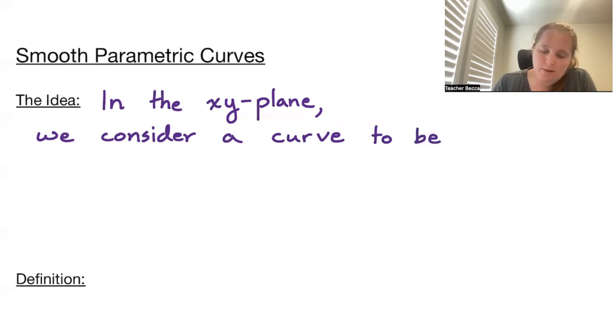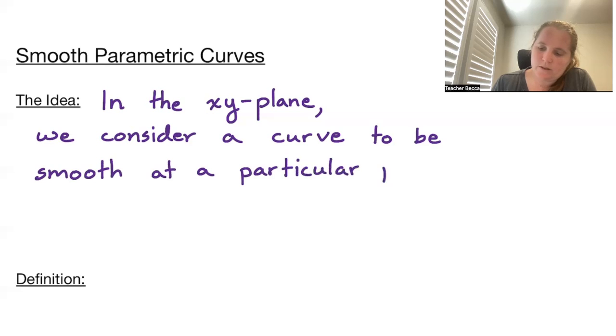So to be smooth at a particular point, it is continuous and has no cusp.